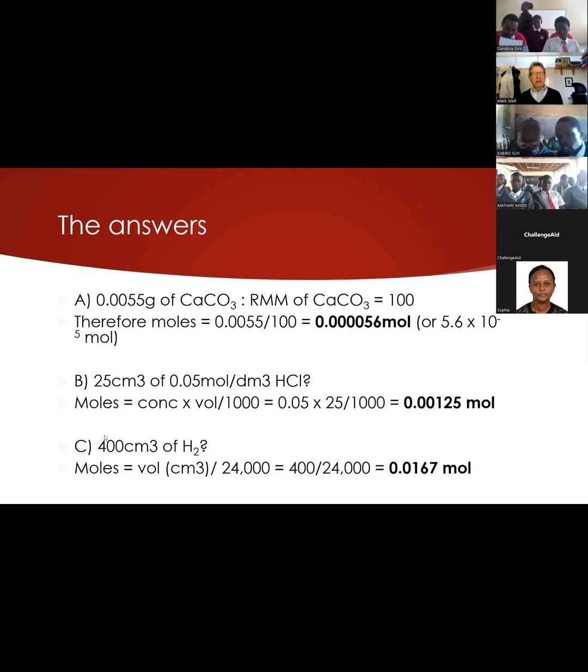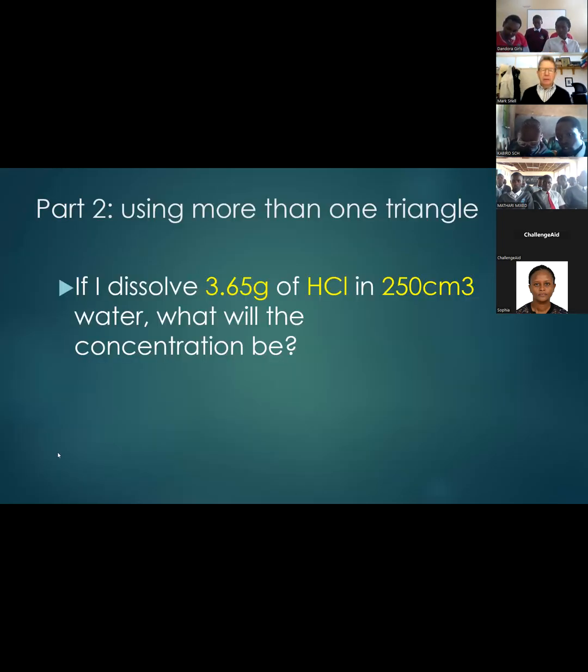Okay, here we go. A little bit more complicated. This is one that uses two triangles. We want to know the concentration of a solution. If I dissolve 3.65 grams of HCl in 250 cubic centimeters, what will the concentration be?